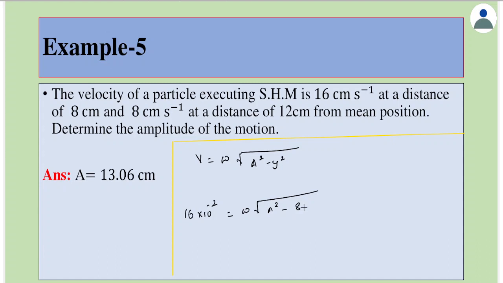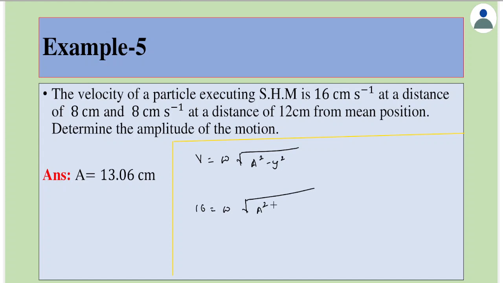To avoid the multiples, we'll just take the whole thing in terms of centimeter only, so that we need not worry about the multiple of 10 power minus 2. We'll just write it as 16, but keep in mind that velocity and displacement are in centimeter, not meter.